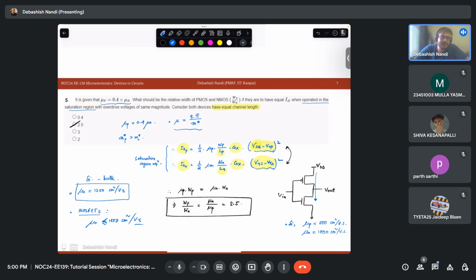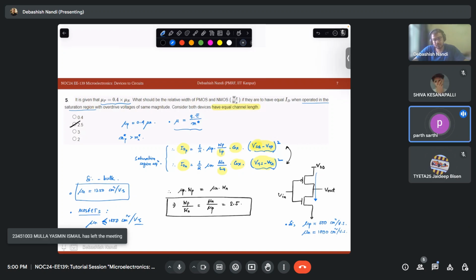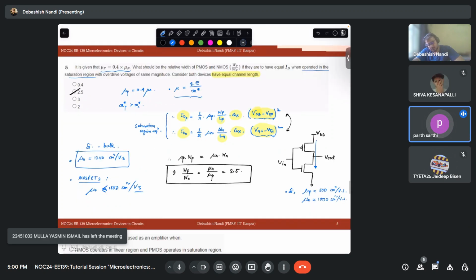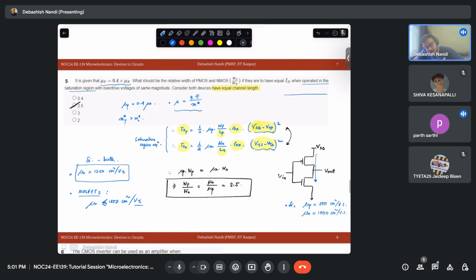So what is the reason for mobility reduction in MOSFETs? In a MOSFET, electrons have to move near the surface. What do we mean by surface? The oxide surface.